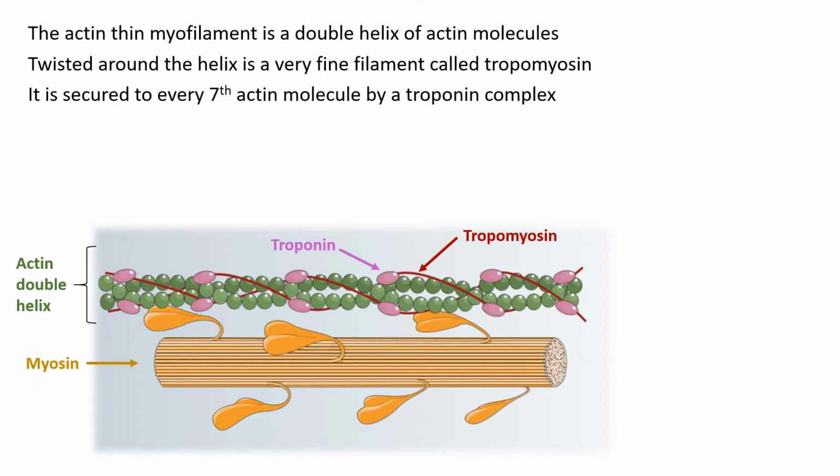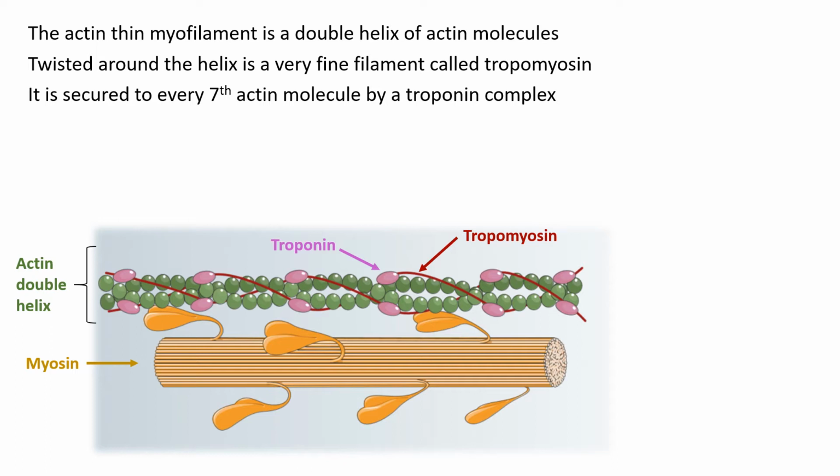Every 7th actin molecule, it's secured by something I'm sure you've all heard of, troponin. So we have this troponin complex of 3 subunits that secures the tropomyosin to the actin. If you need to try and remember troponin and tropomyosin and which one is which, I always say to students, troponin is a short word.